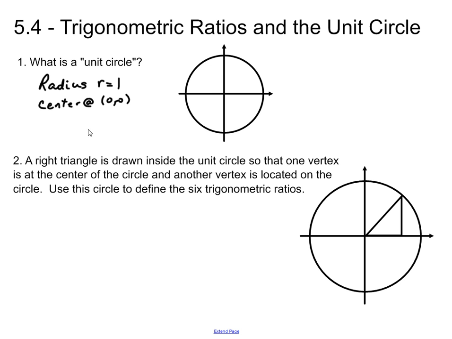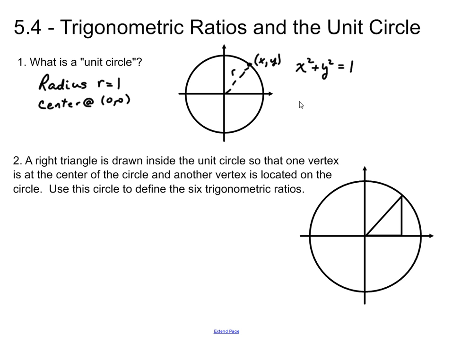What was specific about this particular relationship was that it's the kind of circle where for any coordinate point x, y that falls on the circle, if the radius is equal to 1, then it is always the case that the square of x plus the square of y is equal to 1.